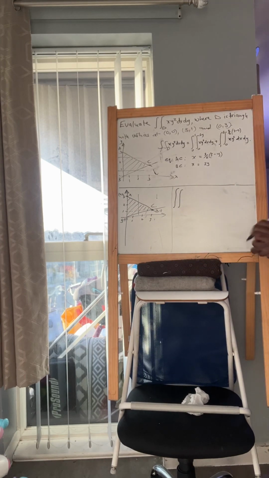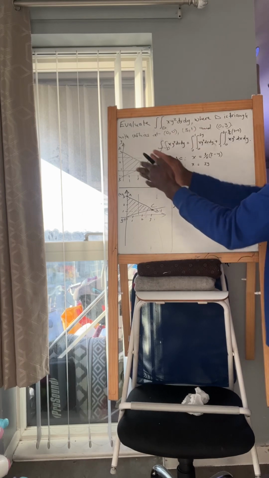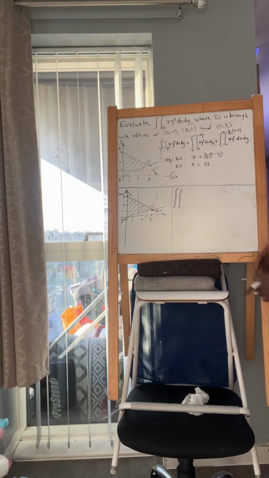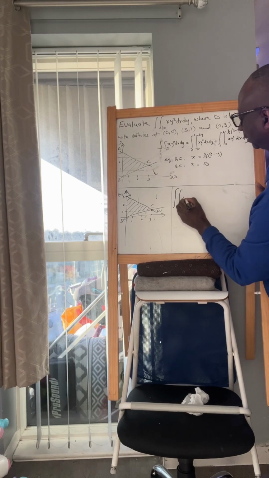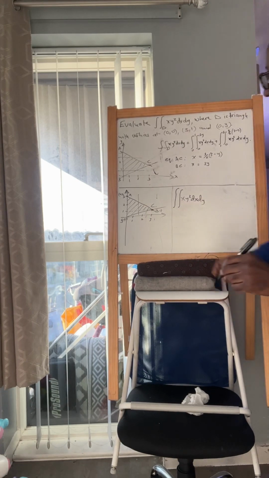Let's forget about that one now. Here we are taking the whole thing, instead of splitting it into two parts. We are taking the whole triangle and solving it. So let's find our limits.